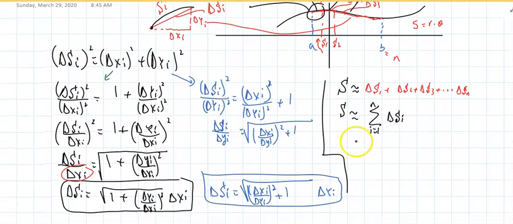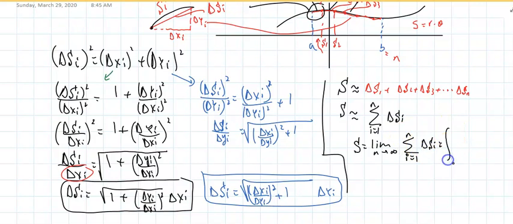And if I wanted to know what S equals, I will take the limit as n approaches infinity, taking the partition to be approaching 0, or n approaching infinity, same idea.